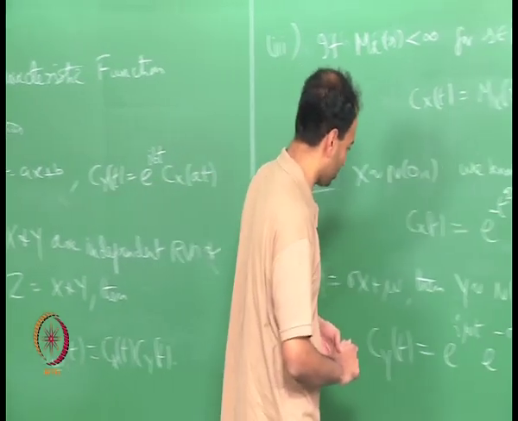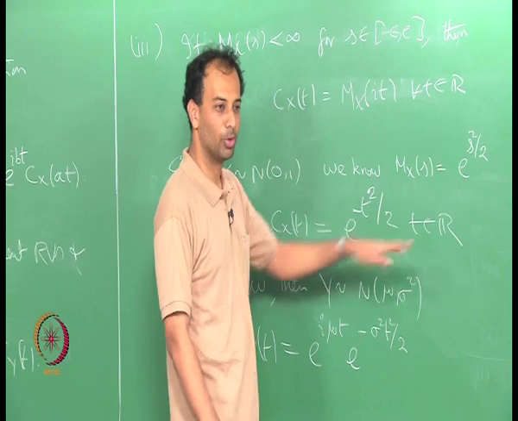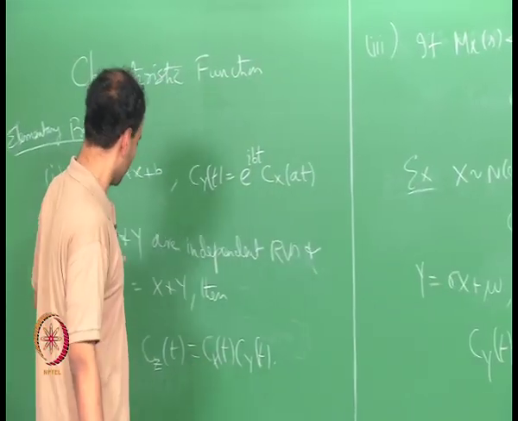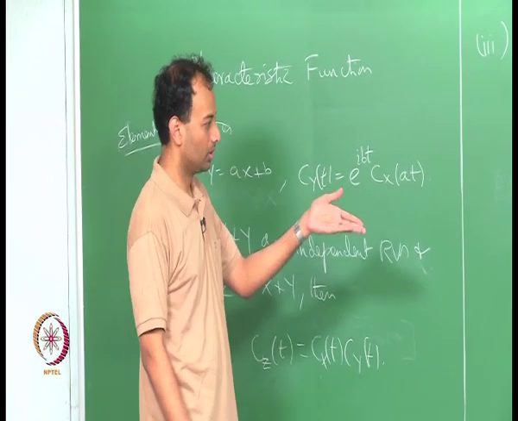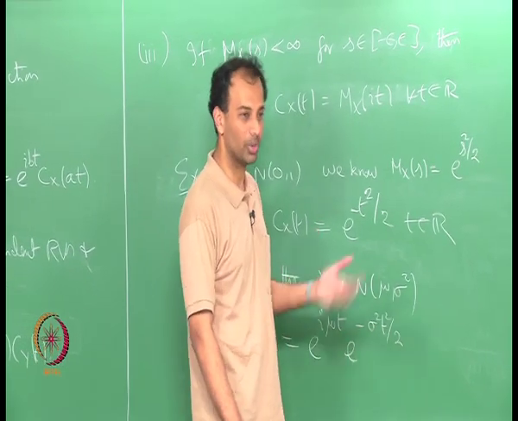So, now that you know this, if you have two independent Gaussians Y1 and Y2 with parameters mu 1, sigma 1 and mu 2, sigma 2, you can show that Z, which is the sum of the two, will also be Gaussian with the mu's adding up and the sigma squared's adding up, right.